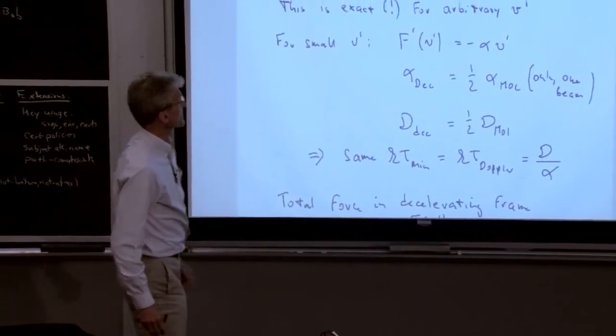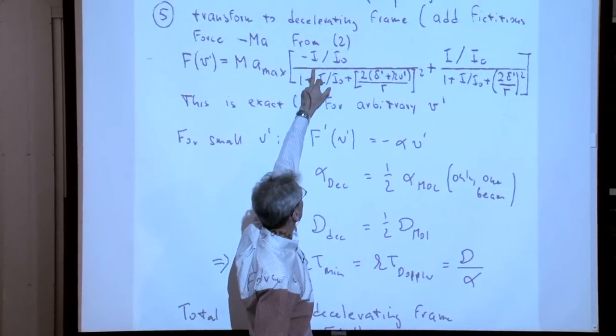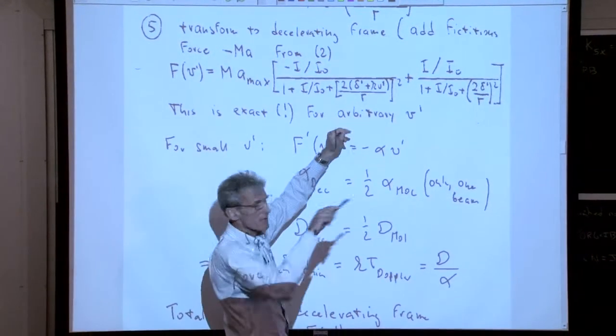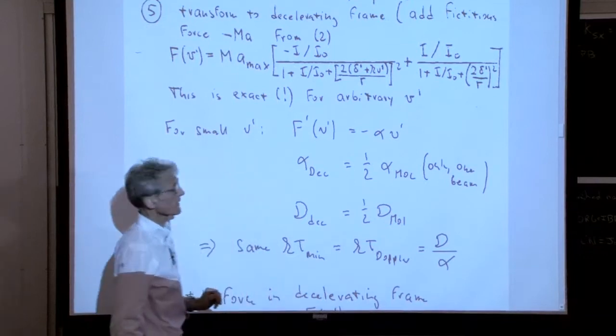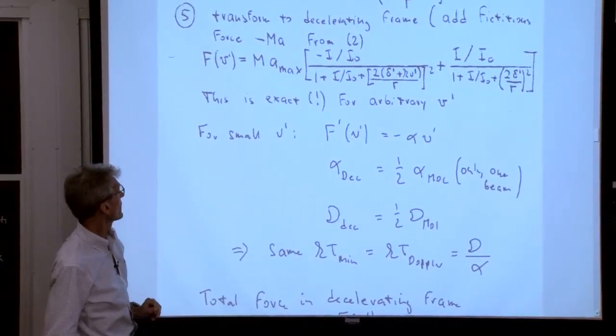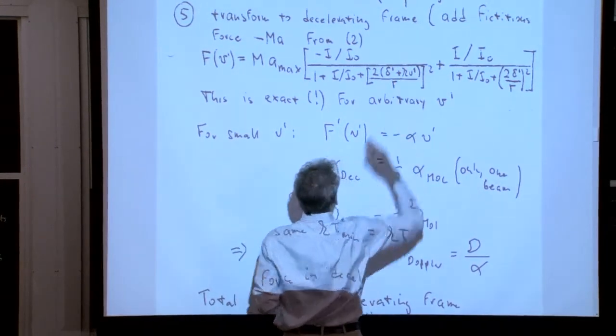But now what happens is we had a light force, and because we assumed the laser is counterpropagating, there's a minus sign. The fictitious force has a plus sign. And if v prime is 0, the force is 0.